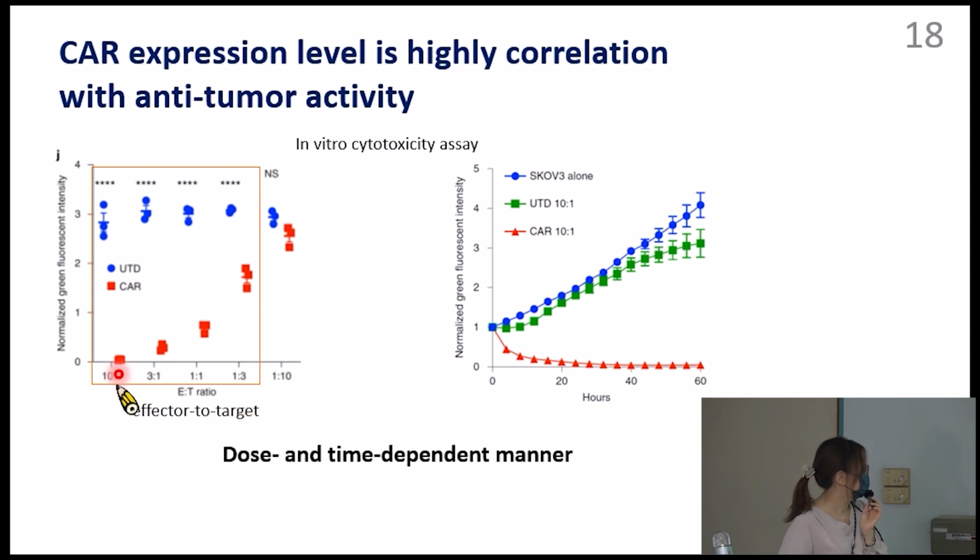So 10 to 1 means 10 macrophages to 1 tumor cell, and this one means 1 macrophage to 3 tumor cells.